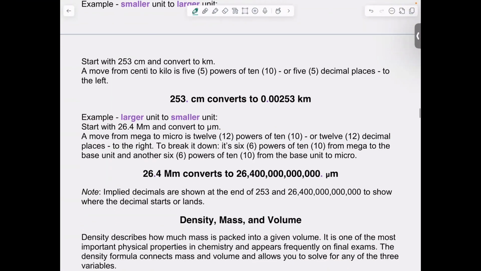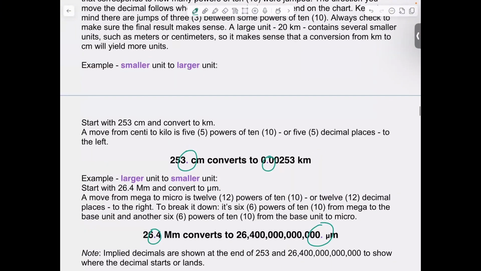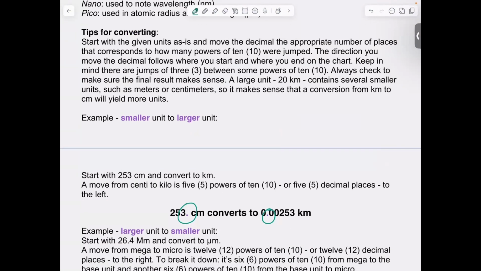I also made a note here for those of you who are reviewing the notes that implied decimals are shown here and here, just to show where it either started or where the decimal point landed. Yeah, I actually showed it here and here as well. There you have it. Thanks again for sticking with me and working through conversions.